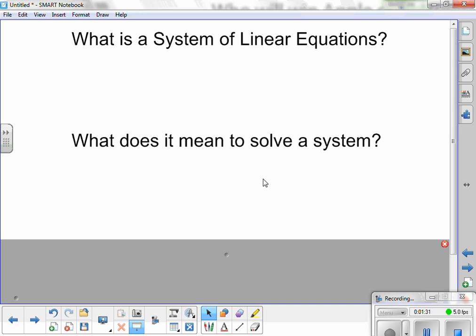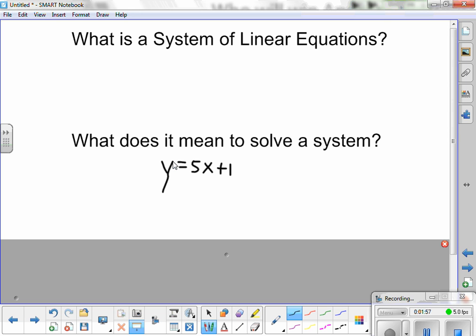Now, what does it mean to solve a system? Since we're working with linear equations, we're looking for solutions. Think about one linear equation, for example y equals 5x plus 1. A solution to a single equation means that if you have an x value, you can get out a y value.